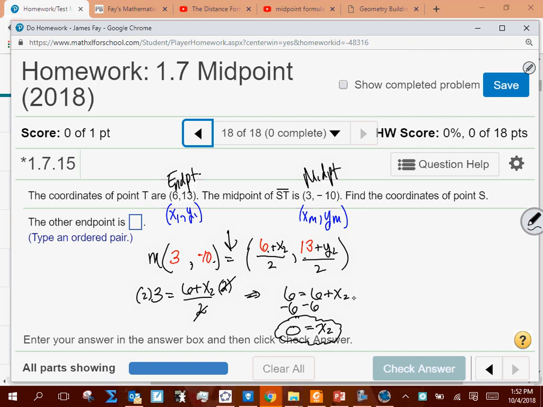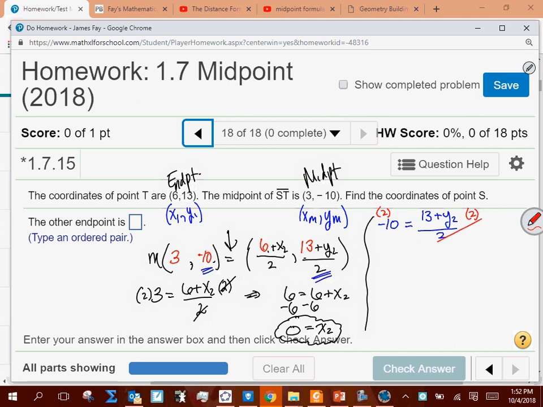Okay? Now I'm going to do the same exact thing over here with the y's. This negative 10, that's the y value of this ordered pair. It has to be the same as the y value of that ordered pair. So I take negative 10, and it has to equal 13 plus y sub 2 over 2. Again, multiply both sides by my denominator of 2.